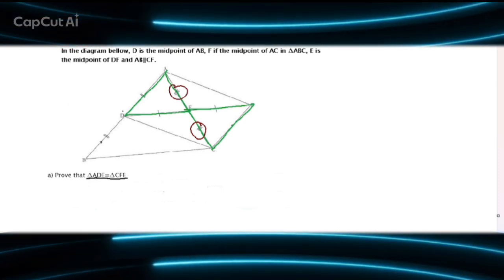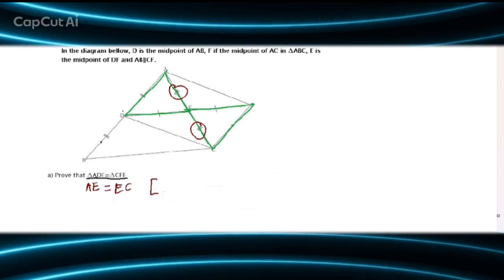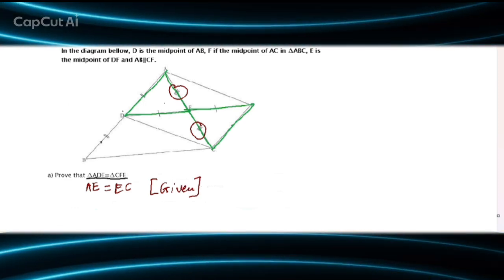All right. So now, let's take a look at these two triangles, and prove that ADE is congruent to triangle CFE. First things first, I can see that this line is equal to this line. Hence, that's given. So I can just say AE is equal to EC. Reason being, it's given from the statement.